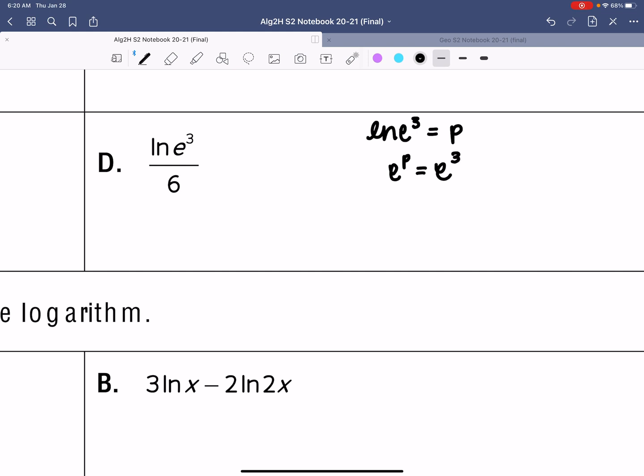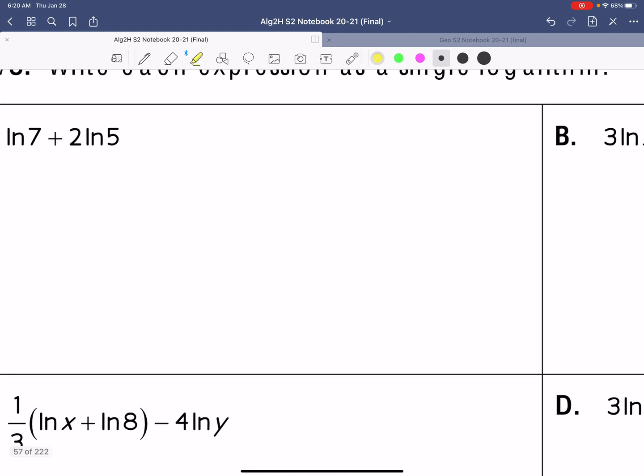Again, my bases are the same, e equals e, so my exponents are equal. So p equals 3. So this top guy equals 3. And then we're going to take 3 and divide it by 6. Simplify 3 over 6. 3 over 6 is 1/2. So this would equal 1/2.